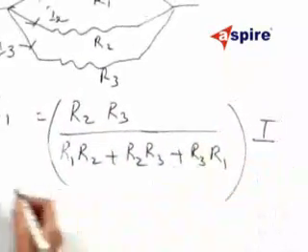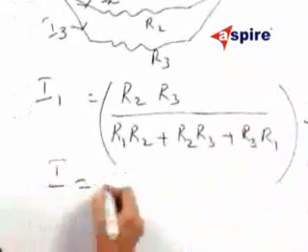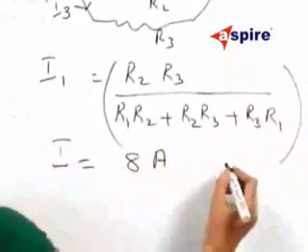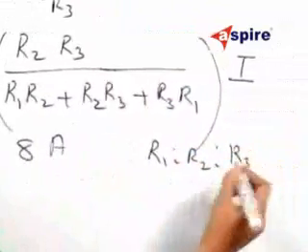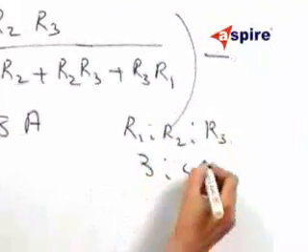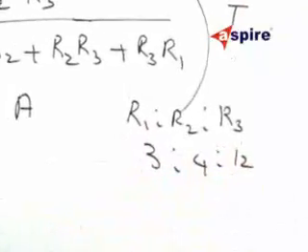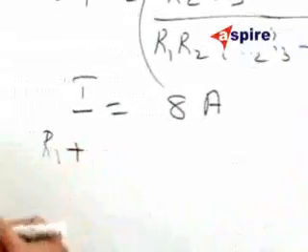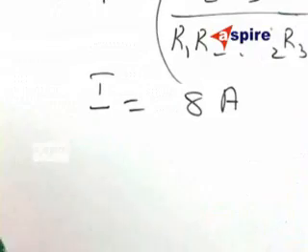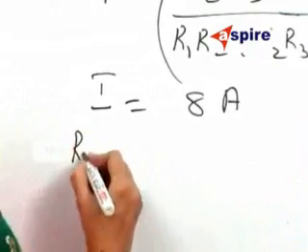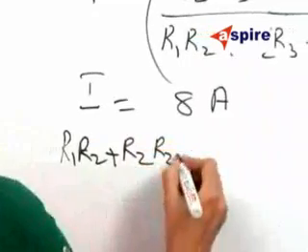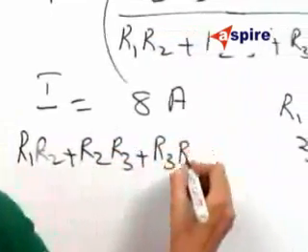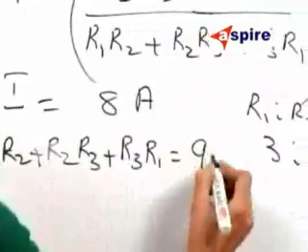Now we are given I as 8 ampere and we got R1 : R2 : R3 as 3 : 4 : 12. So we can now find the denominator, R1 R2 plus R2 R3 plus R3 R1, which comes out to be 96.